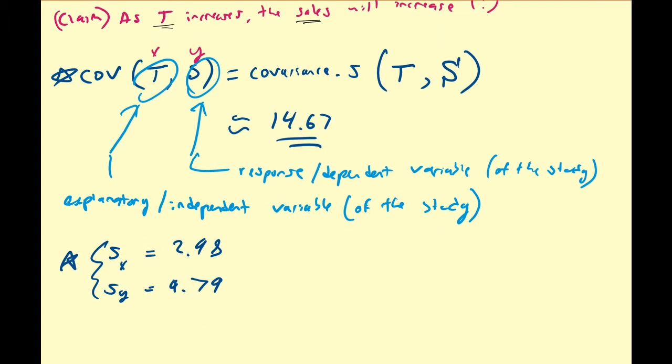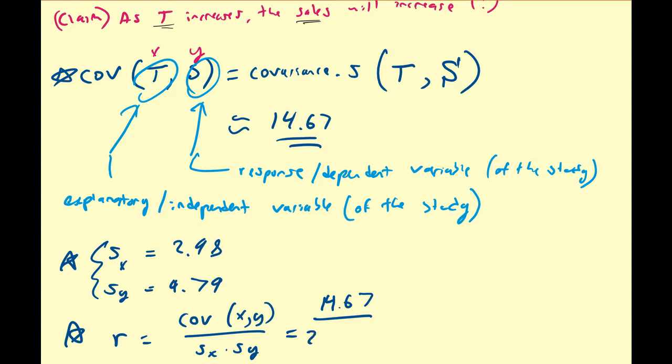Once I calculate these, I can calculate my correlation coefficient, R. Remember, R is going to be the covariance of x and y divided by the product of our standard deviations. In this case, that's going to be 14.67 over 2.98 times 4.79, which is approximately equal to 0.98895.